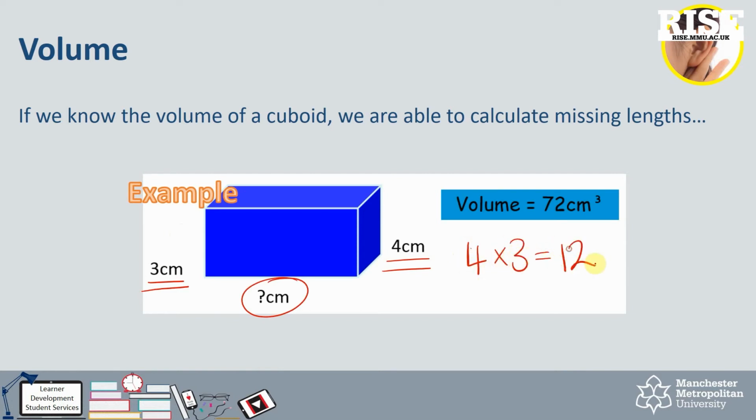That gets me up to 12. Now I need to think, well, 12 times what would give me 72 centimetres cubed? That missing dimension then could be found by doing the opposite. 72 divided by 12. It means that the missing dimension then must be 6 centimetres.